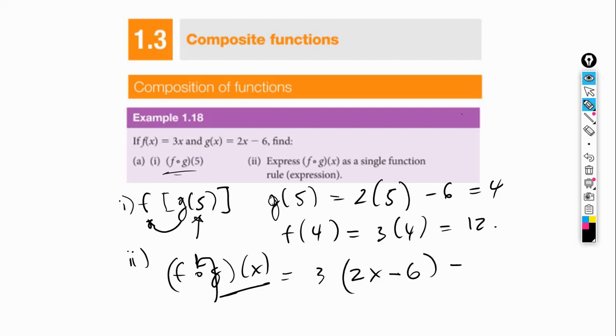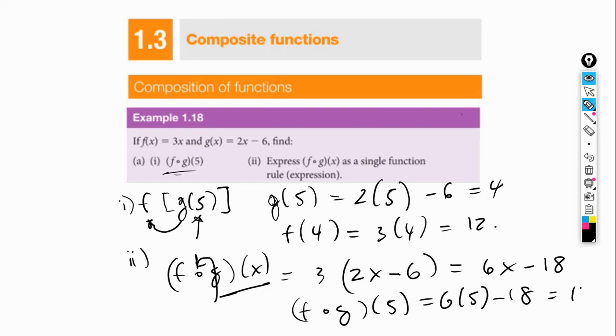And this is going to equal 6x minus 18. So notice that if I now plug 5 directly into this function, f of g of 5, it's going to give me 6 times 5, 30, minus 18, 12. So I arrive at the same answer, but in one step.